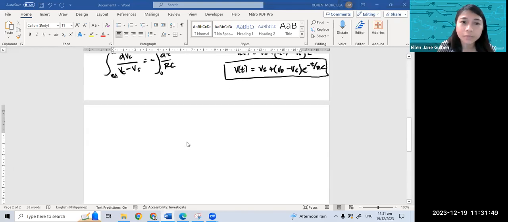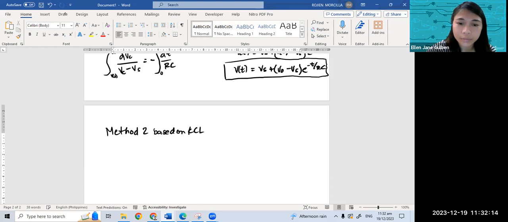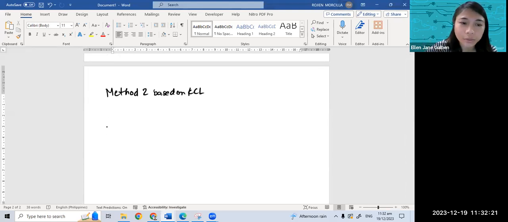Okay, the next step, class, is we're going to compute this same circuit based on the book. The book has solved this one using KCL. Method 2, based on KCL. I'm going to show you two analyses of this one now. So based on the book, we have this.